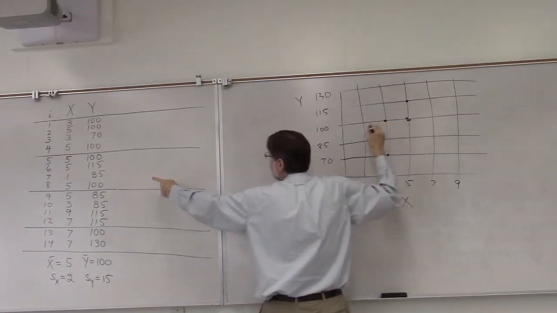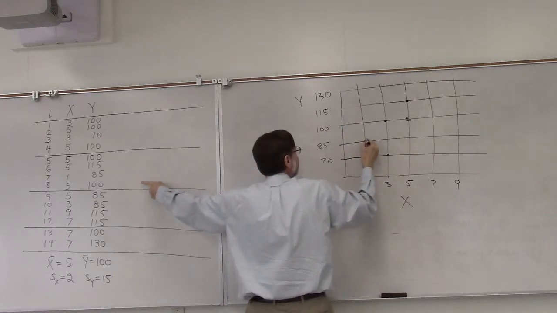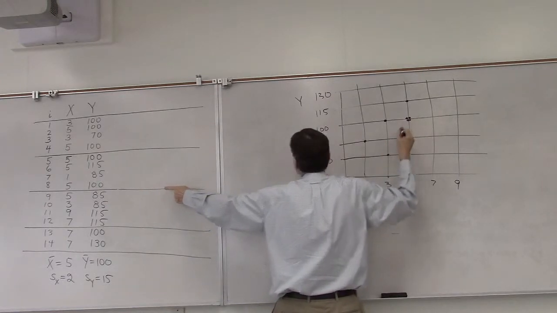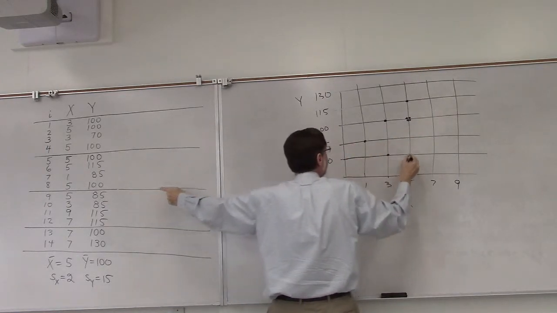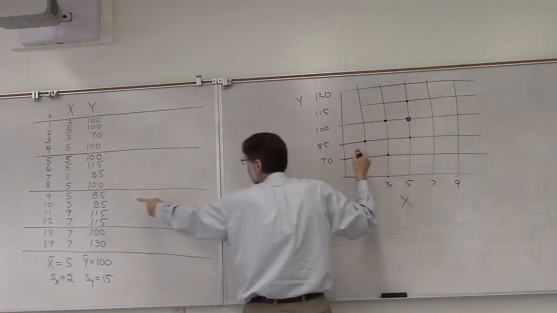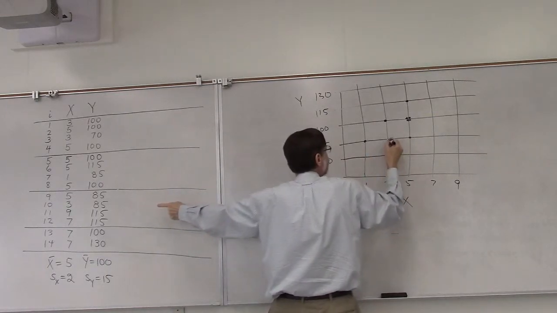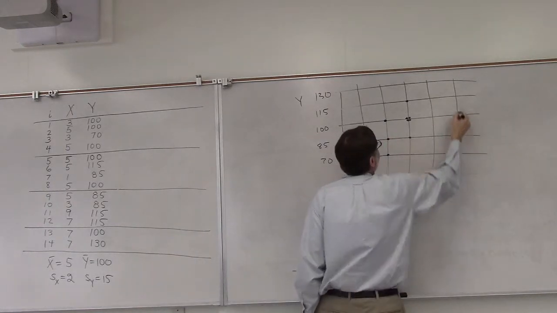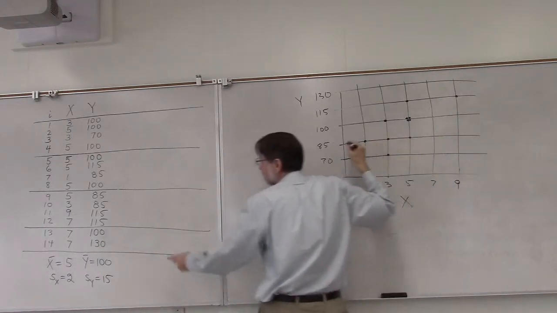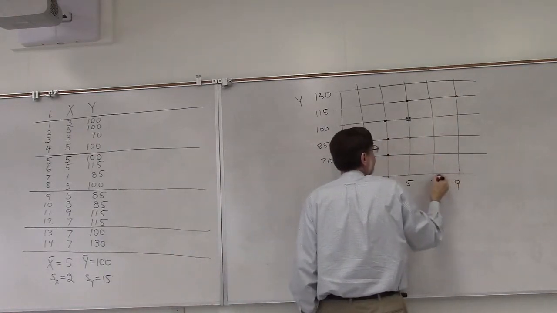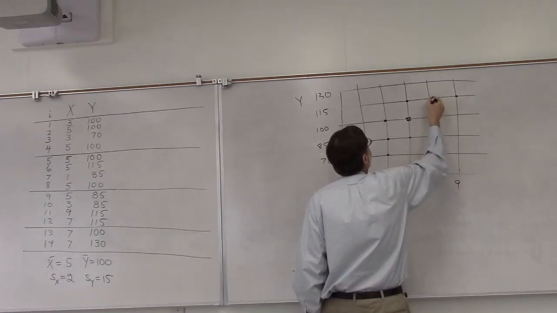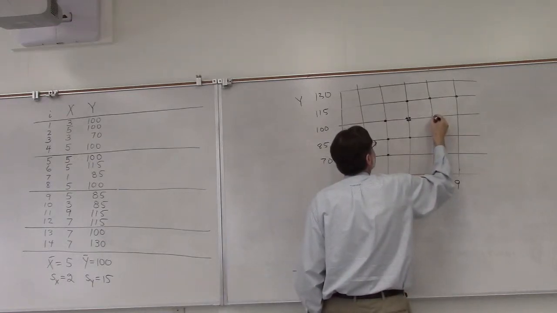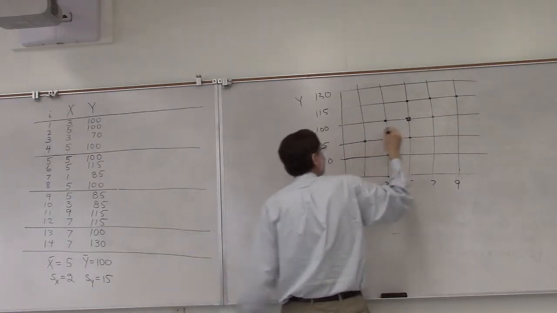Everybody clear on how I'm doing this? A 1 with an 85. A 5 with a 100. 5 with an 85. 3 with an 85, 9 with a 115, 7 with a 115, 7 with a 100, 7 with a 130.